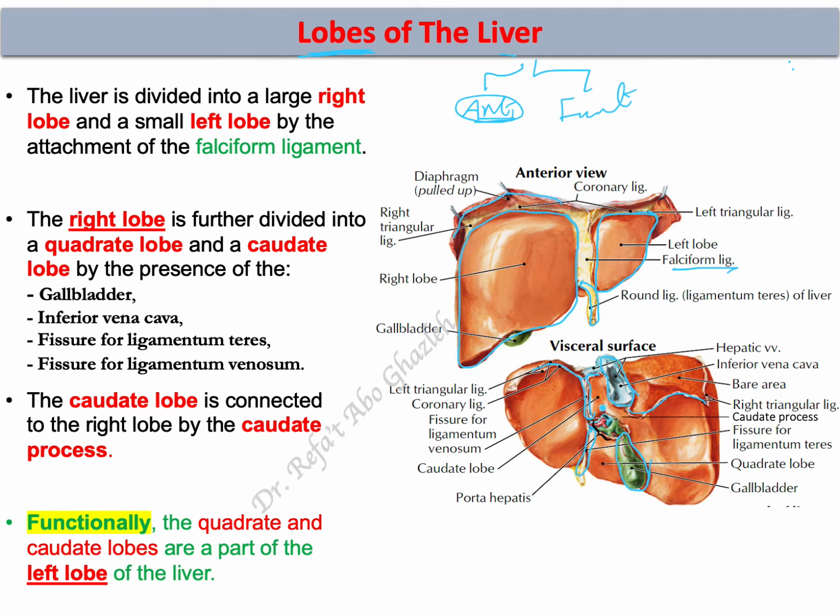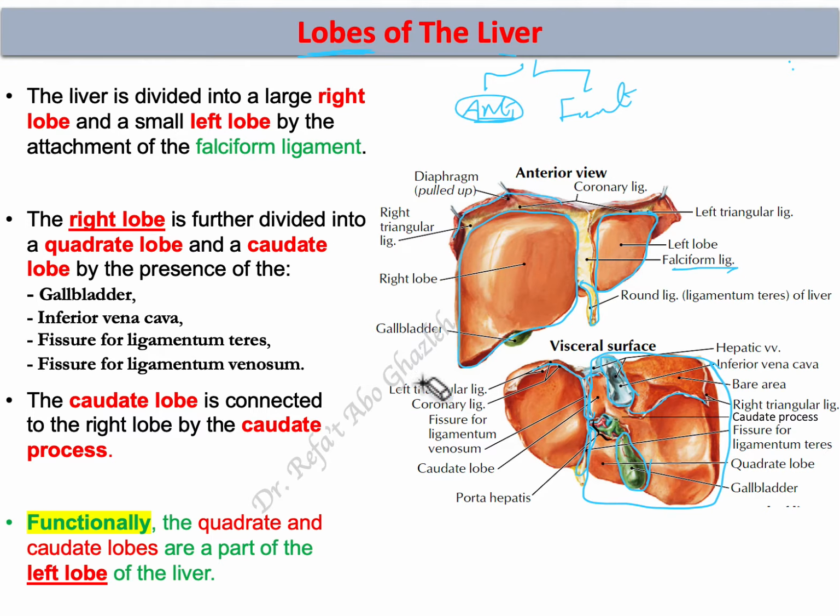So these reflections of peritoneum and fissures created as a result of these reflections, and grooves and fossae for different structures, create extra landmarks that divide the right lobe of the liver into further lobes. Let me show you.